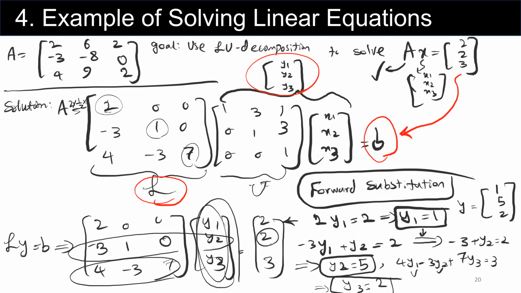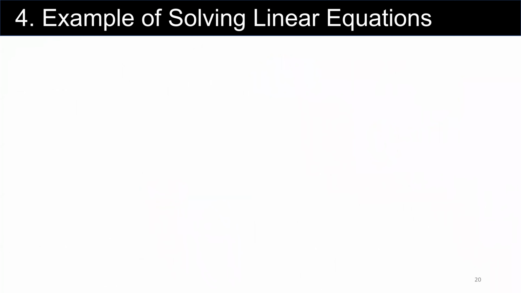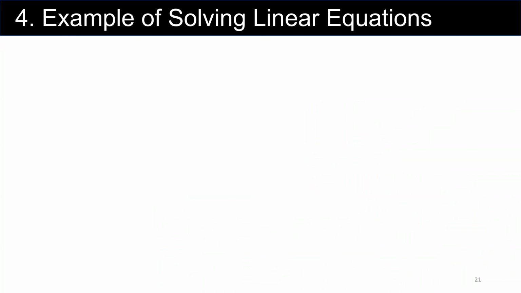Now we go to the next step of the step-by-step algorithm that we talked about for using LU decomposition to solve a system of linear equations. The next step is we have y, which is 1, 5, 2.